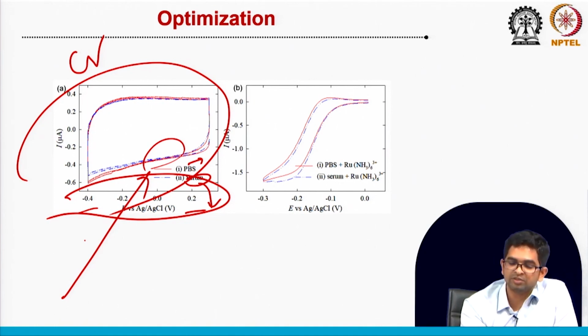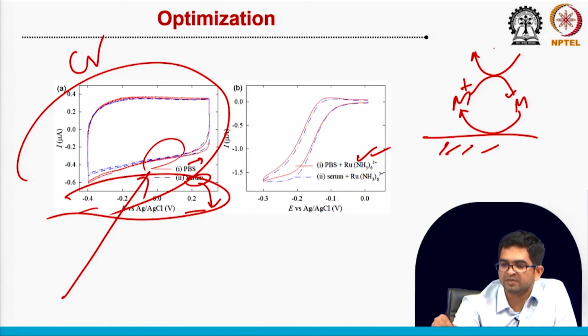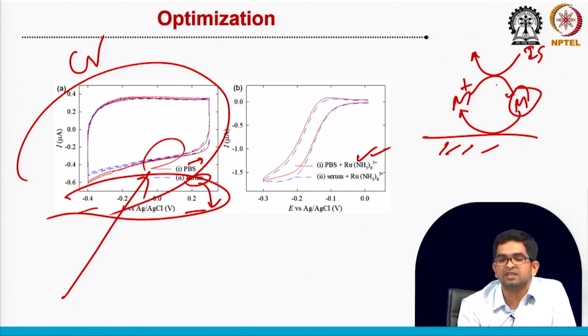We also tried ruthenium hexamine with the serum sample. As I told you, for developing a wash-free biosensor, if you have a mediator on the sensor surface, like M plus, it forms M, then M plus again. If interfering species can also react with this mediator, then the background current will increase, right?